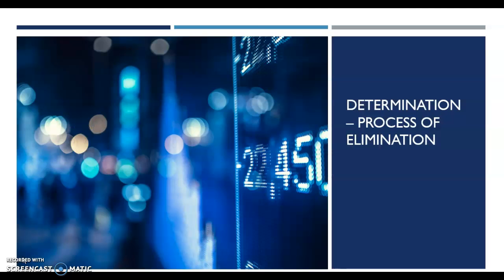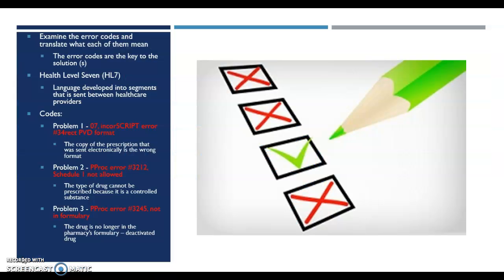Now, determination, in which, by process of elimination, I will determine exactly what the root cause is. This will be done by examining the error codes and translating what each of them means. The error codes are basically the key to what the solution can be.